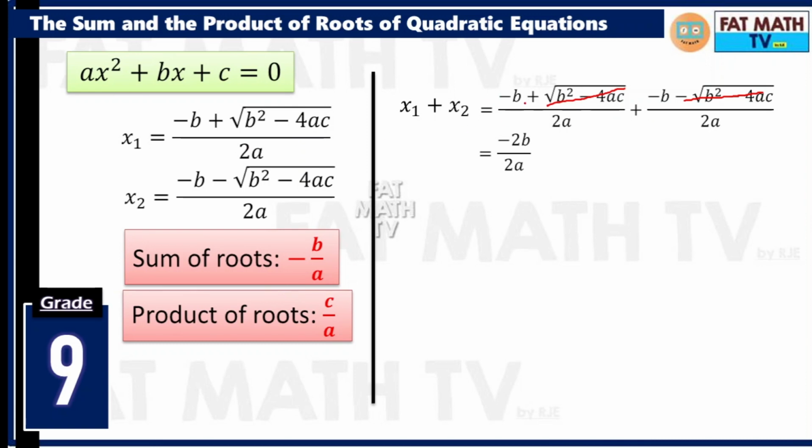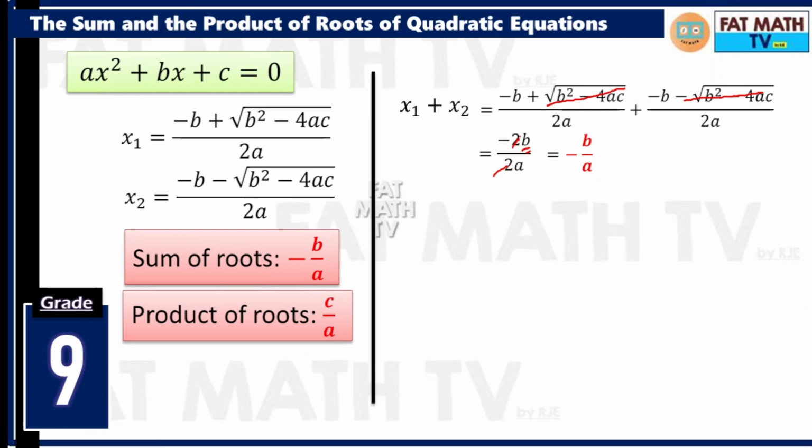And the negative b plus negative b is negative 2b. And then we can cancel 2. And that will give us negative b over 2a. So indeed, for a quadratic equation ax squared plus bx plus c equals 0, the sum of the roots is negative b over a, or negative of the coefficient of x over the coefficient of x squared.